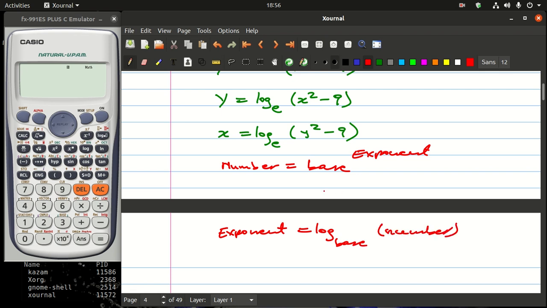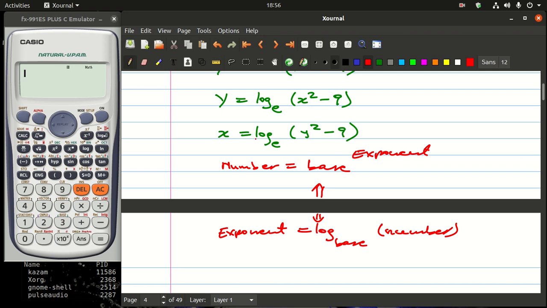So if this and that are the same, the base does not change, but the exponent is the one that goes down and the number goes inside. This one we usually call the logarithmic form. This one is the exponential form.